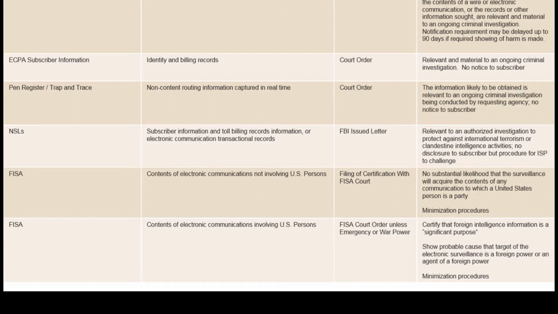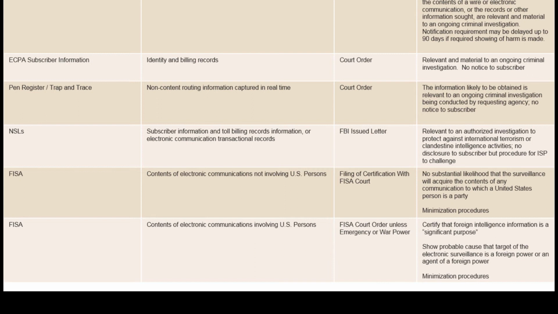All it requires is for the FBI, who don't even need to obtain a court order, to simply issue the letter on a statement that the information is relevant to an ongoing investigation to protect against terrorism or clandestine intelligence activities. There does not need to be any disclosure to the subscriber, but there is an opportunity for the holder of the information, say an internet service provider, to challenge the letter.